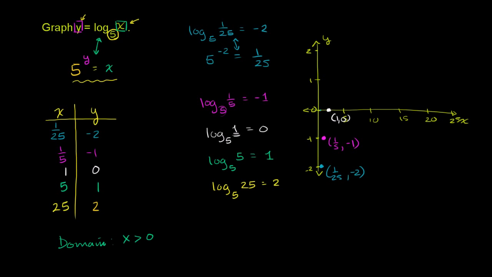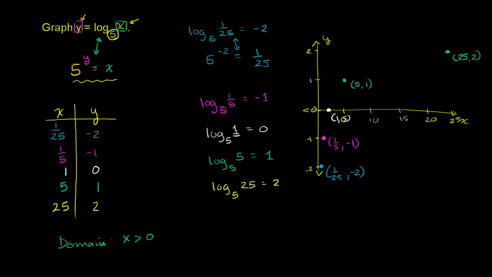And then when x is 5, y is 1. I covered it over here, but this is 5, y is 1. So that's the point 5, 1. And then finally, when x is 25, y is 2. So this is 25, 2.